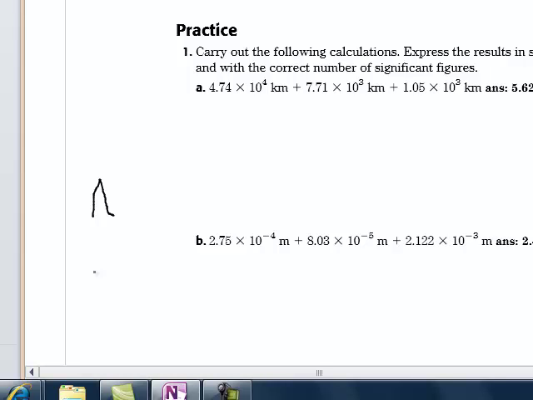Parentheses, 4.74 times 10 caret 4, end parentheses, plus parentheses 7.71 times 10 caret 3, end parentheses, plus parentheses 1.05 times 10 caret 3, end parentheses, enter.